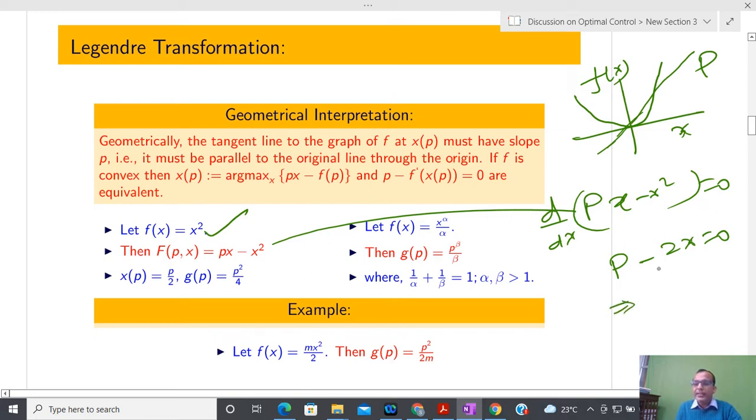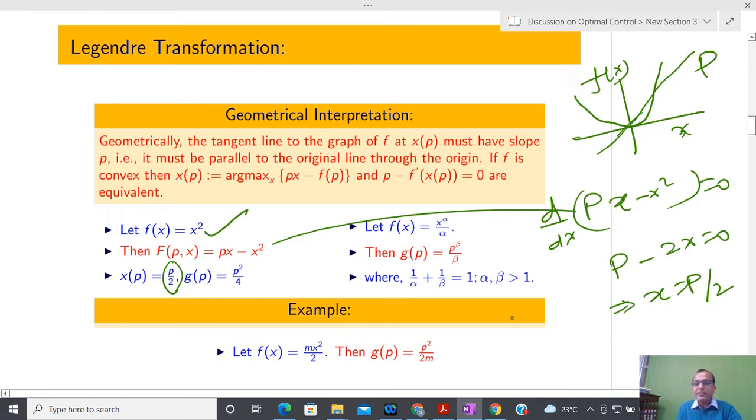And now you can see here that x is nothing but p by 2. In this way I can express the relation between x and p. And now I am going to substitute this x here. So if you substitute, then (p by 2) square becomes p square by 4.